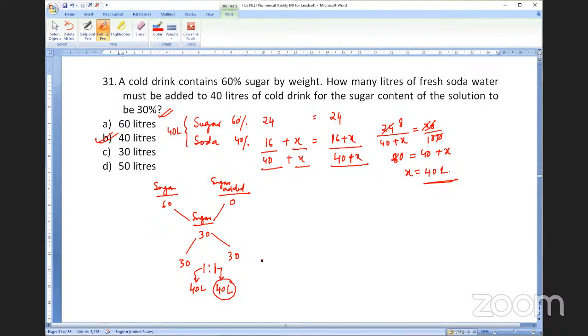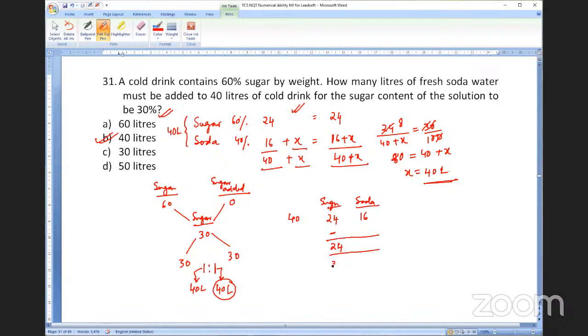We can use one more method, which is just like what we have done, but without taking X, we can understand and do it. So we have sugar and we have soda. In 40 liters, 60% is sugar, that is 24, and soda is 16. We are not adding sugar to it. That means sugar remains at 24 only.